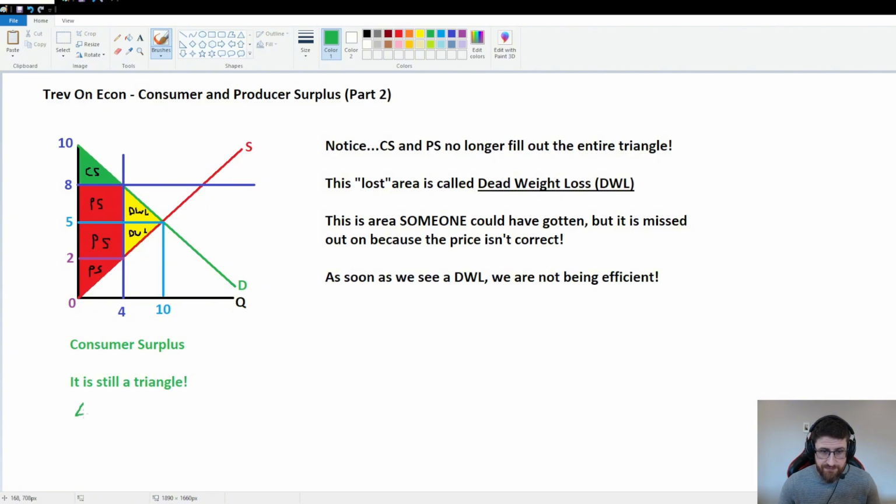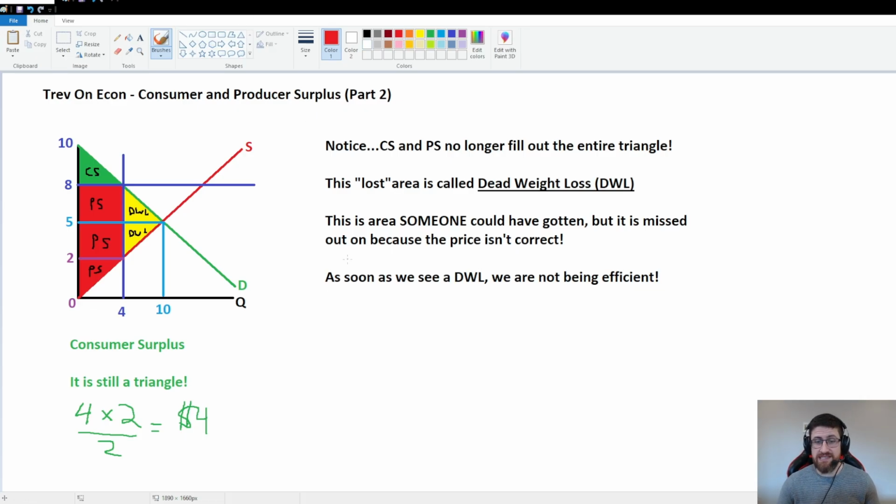So we've got a base of 4 multiplied by a height of, in this case, 2, divide by 2, and you can trust me on this, it's $4. Okay? Not too bad. Again, just a smaller triangle, still the same method we'd been using before.